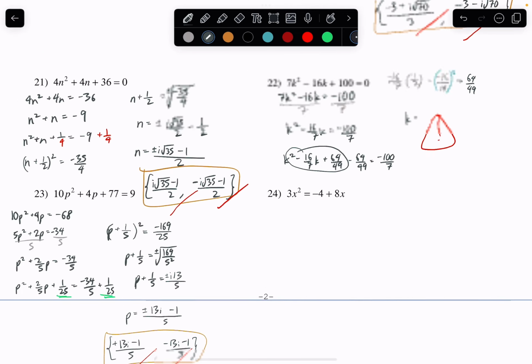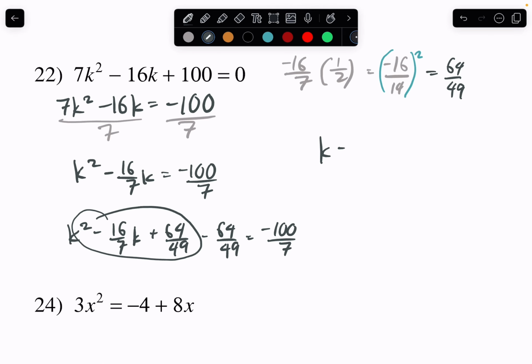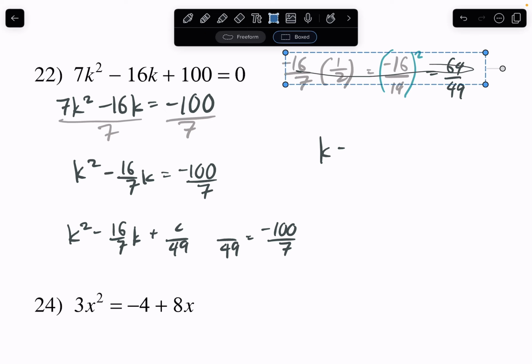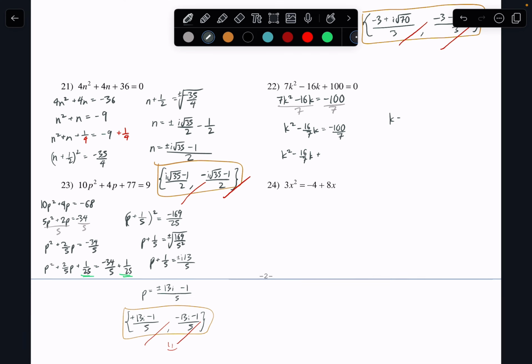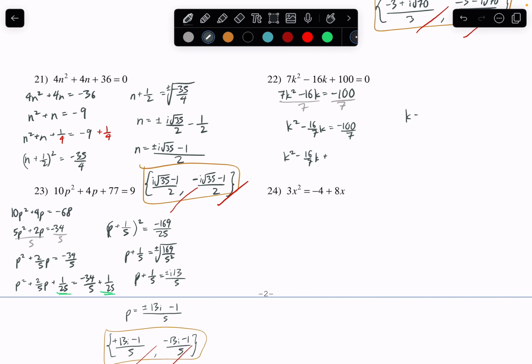24. Actually, let's solve 22. I think I know what to do. Negative 16 over 7. Four over 49.